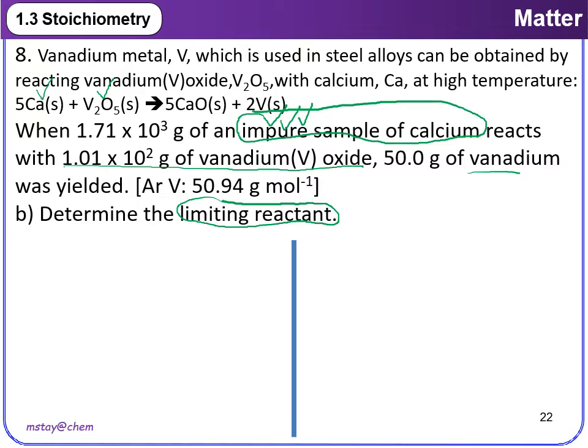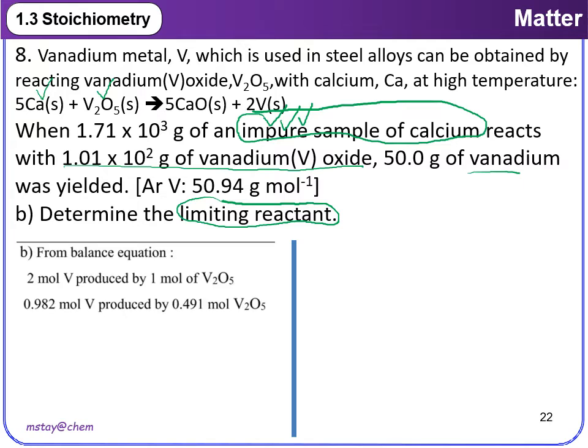So we will start with step 3 in the working steps. We compare vanadium with the vanadium 5 oxide, and then we notice that only 0.491 mole of vanadium oxide is used in producing 0.982 mole of vanadium.